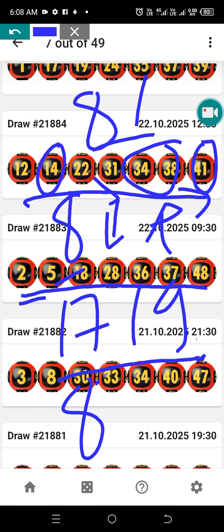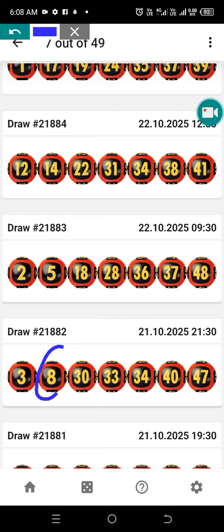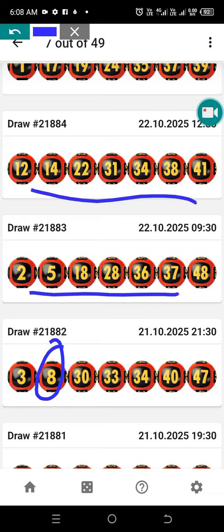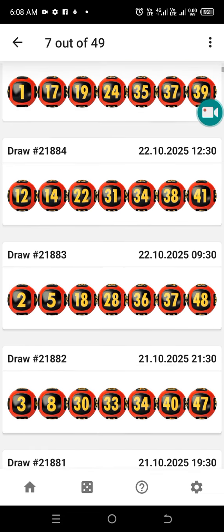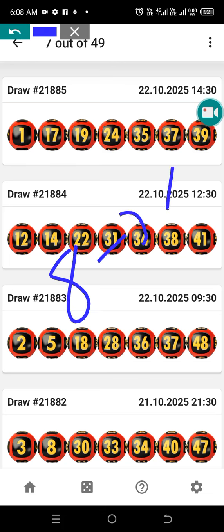You move with it. The reason 8 didn't move, remember it was on the last draw of the calculation, which means that it was not necessary to play it on the same draw, right? But we still have to keep it with that. And 8 moves with 1 and 15.